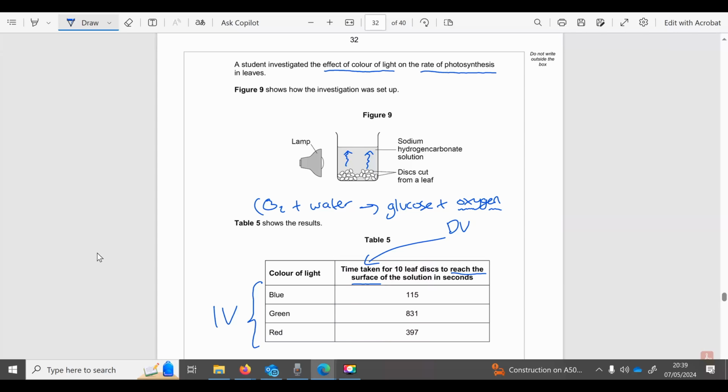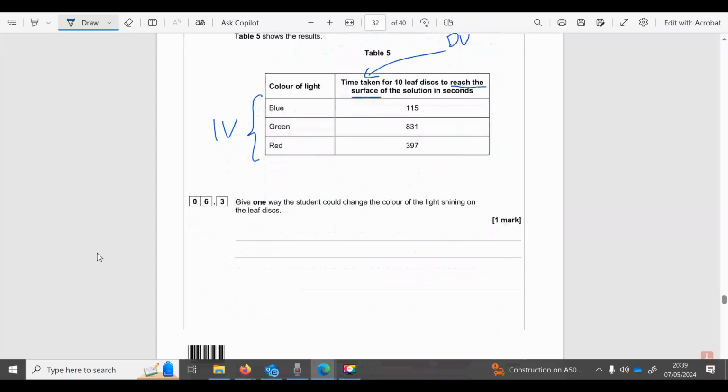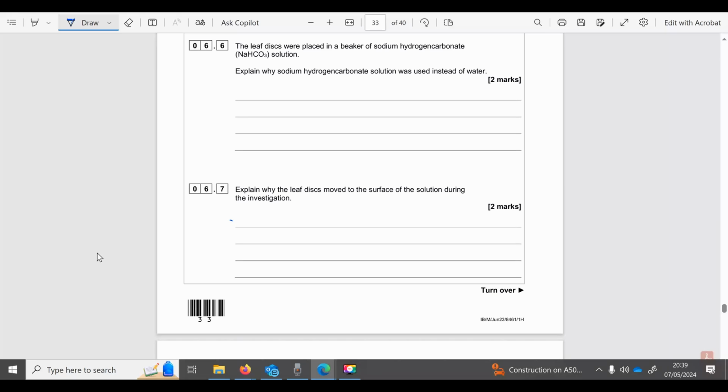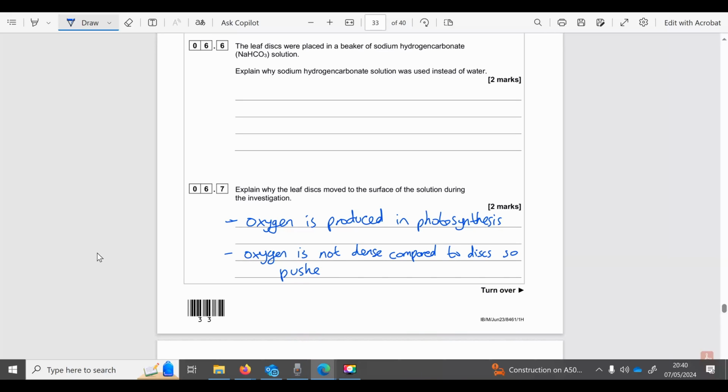So the first thing that we should be making clear in our answer is that oxygen is being produced, and it's being produced during photosynthesis. Now, what will the oxygen do? The oxygen, when produced, is going to cause the leaves to get pushed up because they are not very dense.